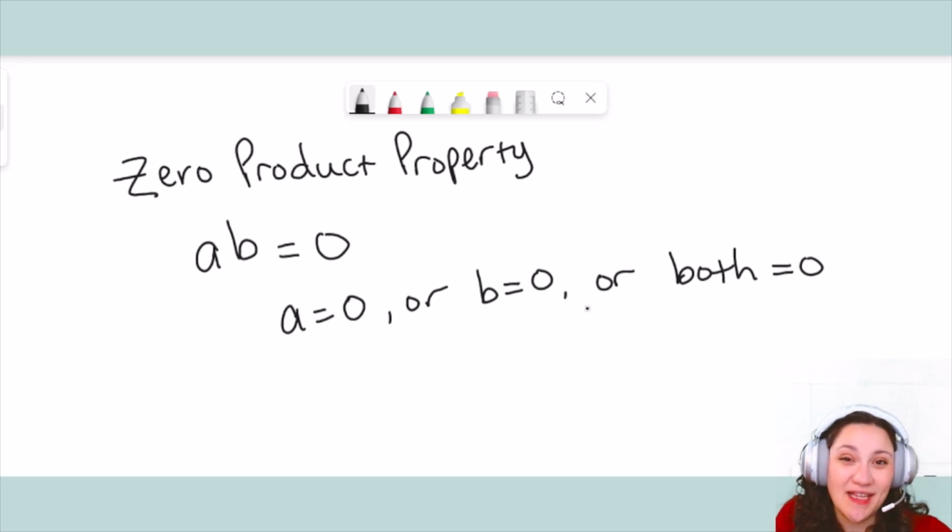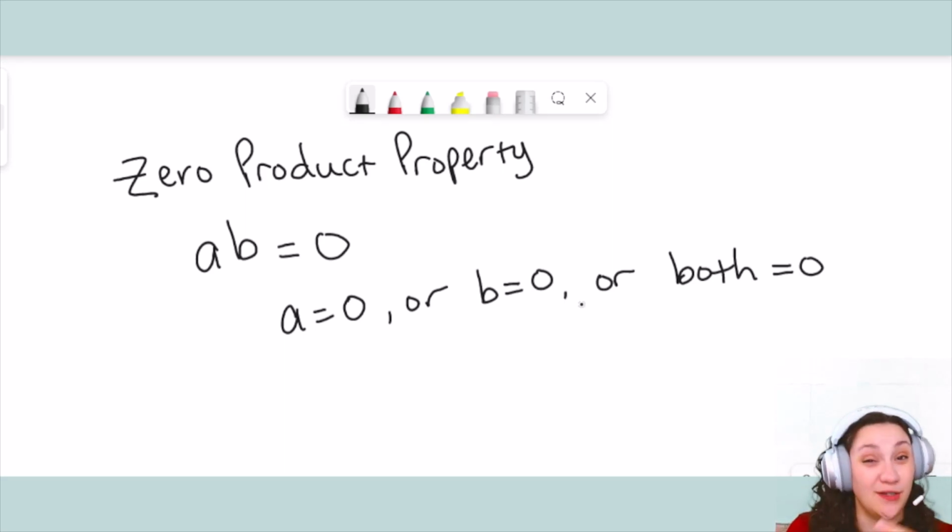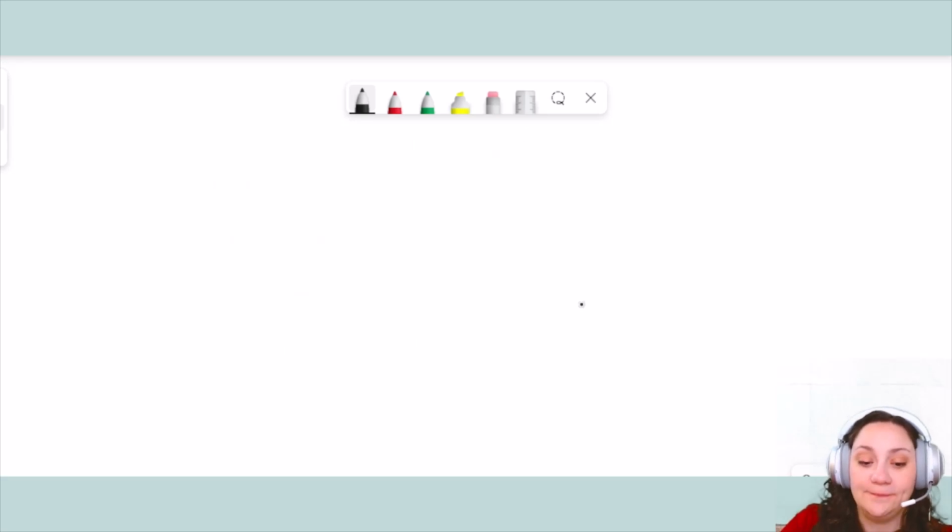And that just makes sense, right? Because we know that 0 multiplied by a number is always 0. So if I don't know the two things I started with, but I do know their product is equal to 0, then one or both of them has to be equal to 0. So this is a little bit of a common sense property.